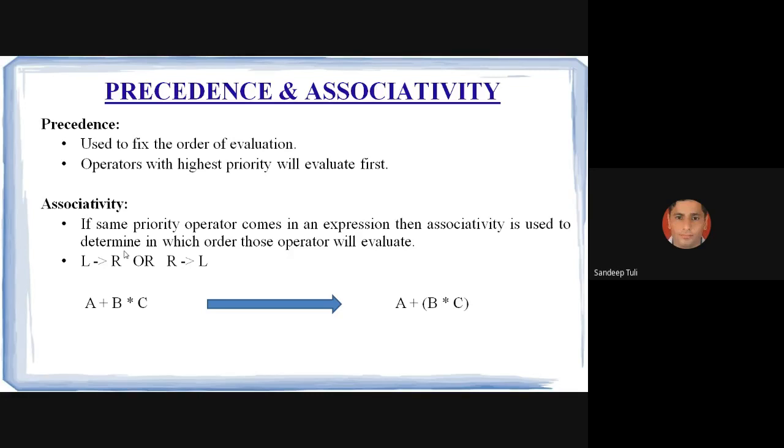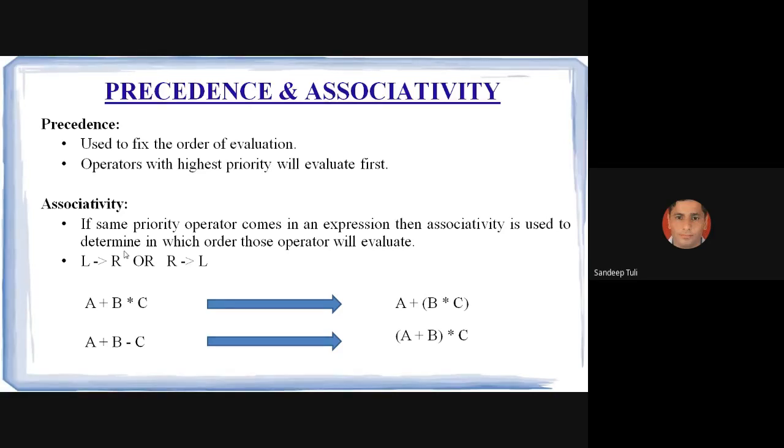So if the same priority operators come in an expression, then associativity is used to determine in which order those operators will evaluate. Okay, so like this, a plus b minus c. What happens now? Plus and minus have the same priority. So which will evaluate first? So we need to use associativity now. So where precedence will not work, we need to go to associativity.